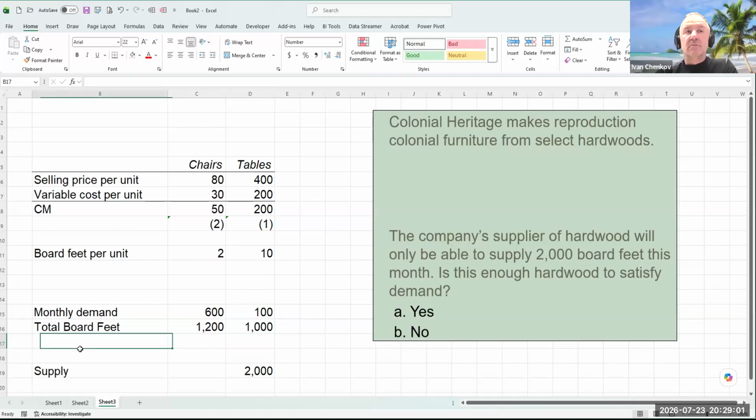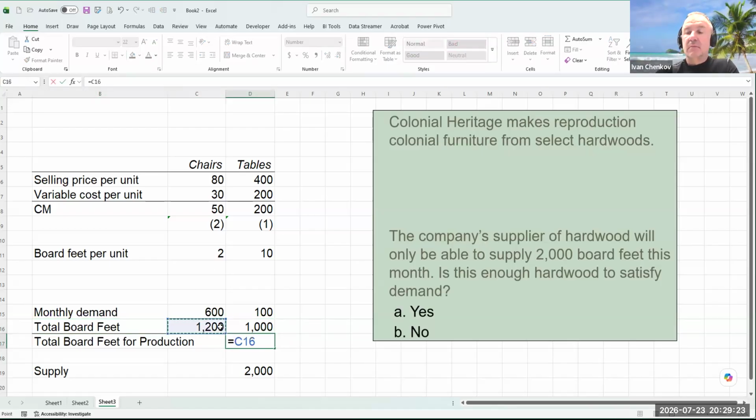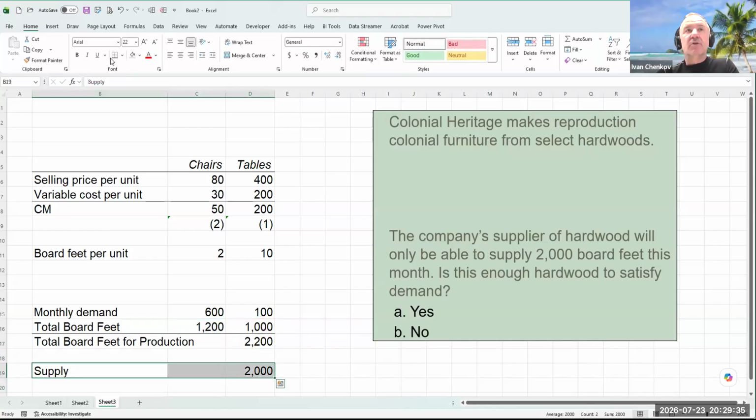So in total, the board feet that we need for our production is 1,200 board feet. Sorry, 2,200 board feet. Our supplier can give us only 2,000, which brings us to the point that we are short. How much are we short? We're short 200 board feet.